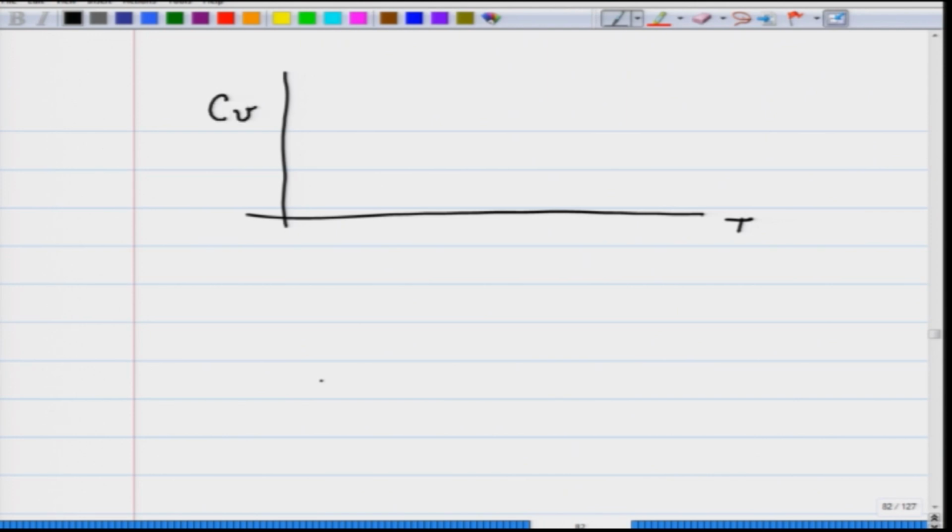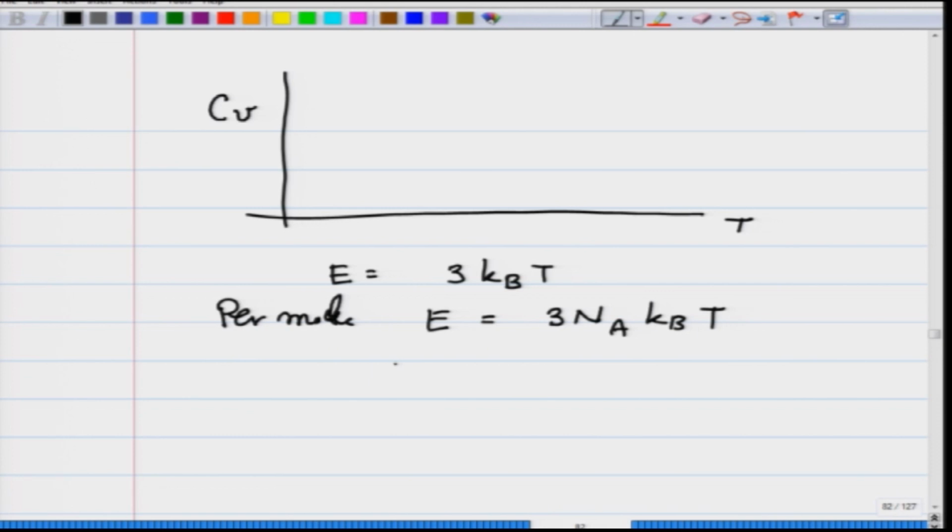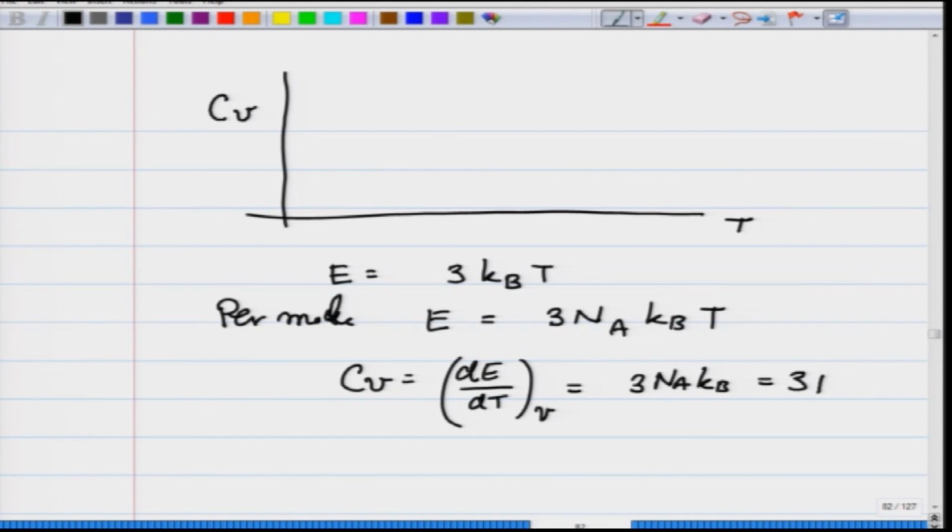and if one were to plot the specific heat of a solid with respect to temperature, the energy is 3 k Boltzmann T. So, per mole, the energy is going to be 3 N Avogadro kBT, and therefore, Cv is going to be dE/dT at fixed volume, which is 3 N_A k_B or 3R, what is known as the Dulong-Petit law.